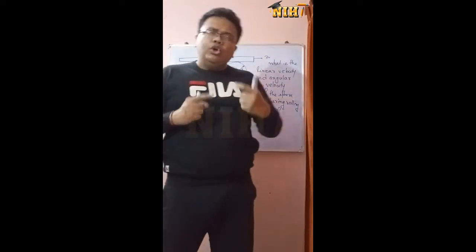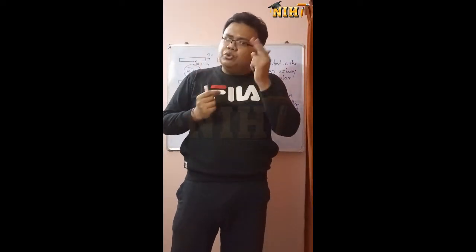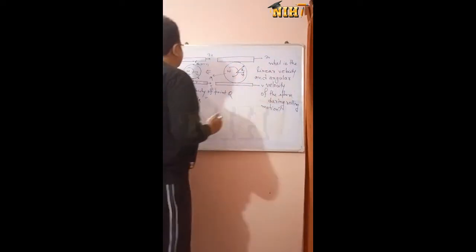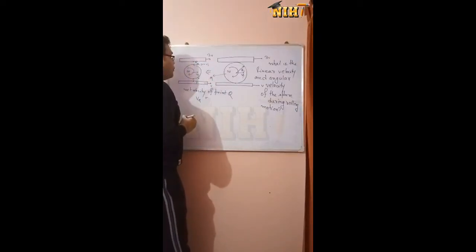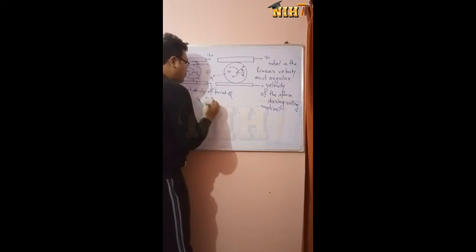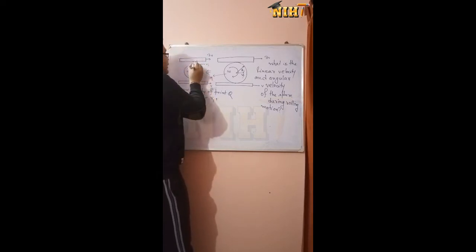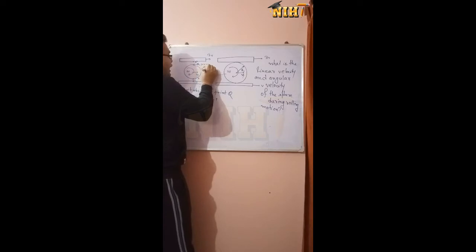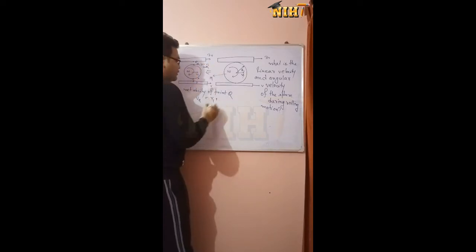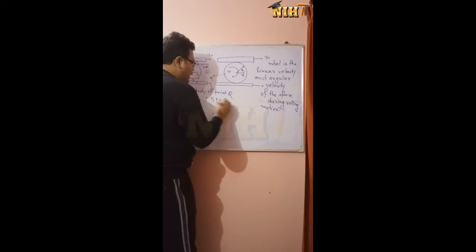You already know rolling motion is the summation of two different motions, rotational and translational. So the velocity of point Q can be written as v1 plus the tangential velocity, that is omega r, in the same direction: v1 plus omega r.